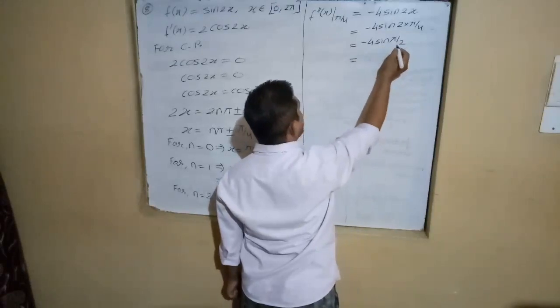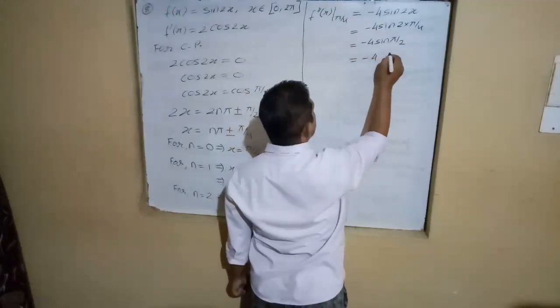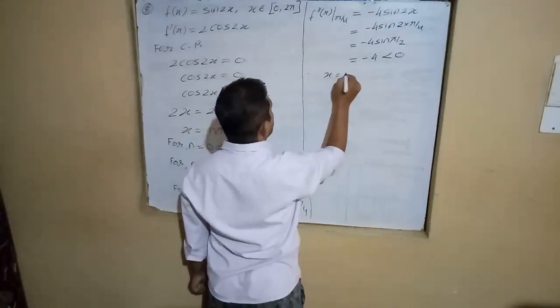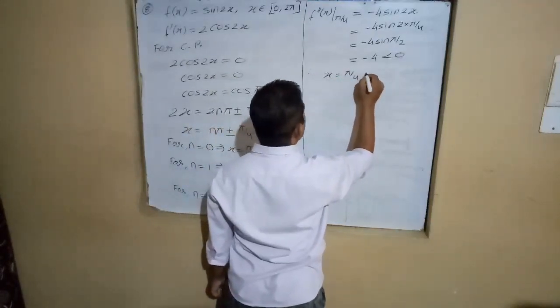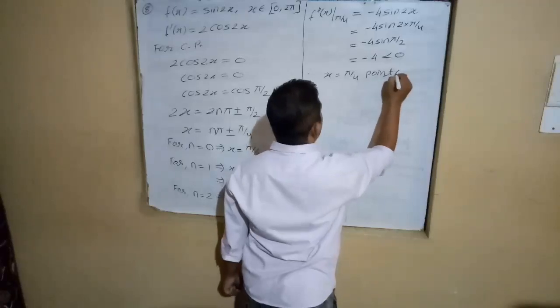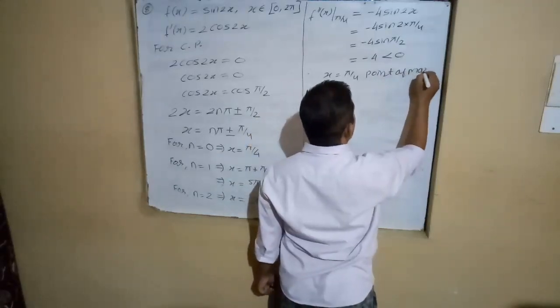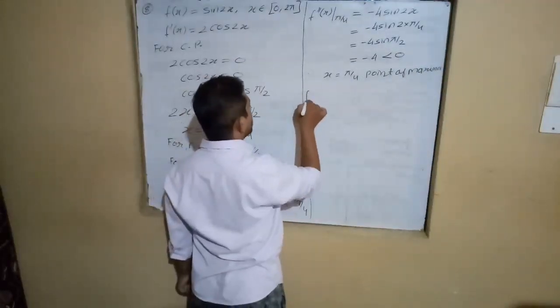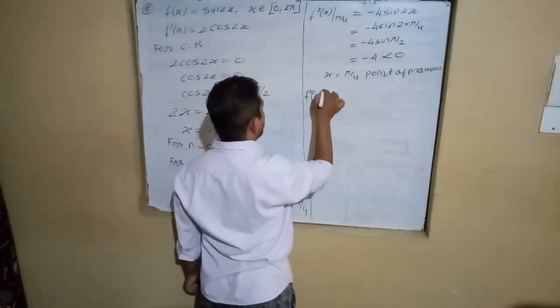What is the value of sin pi by 2? 1. So minus 4, which is less than 0. Therefore x is equal to pi by 4 is a point of maxima.